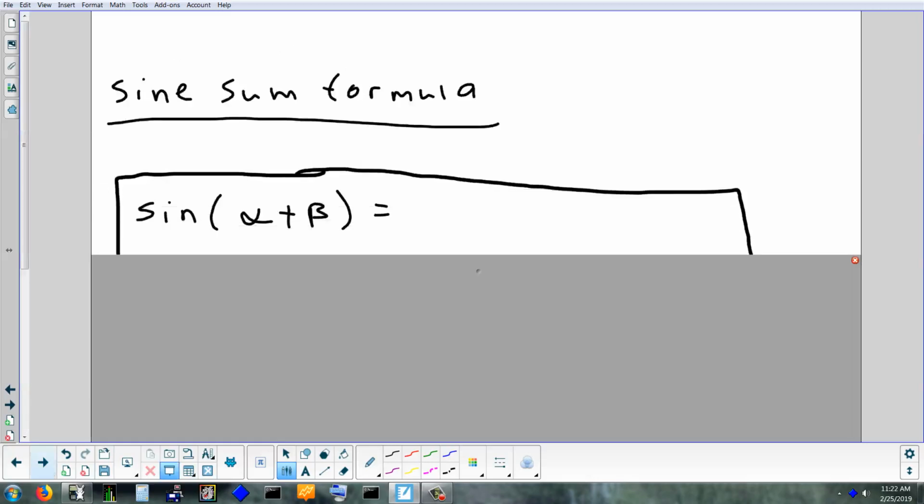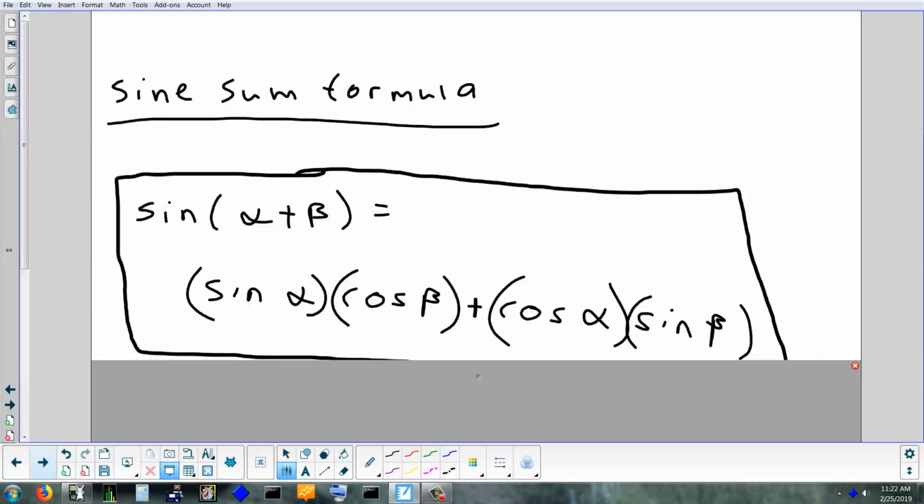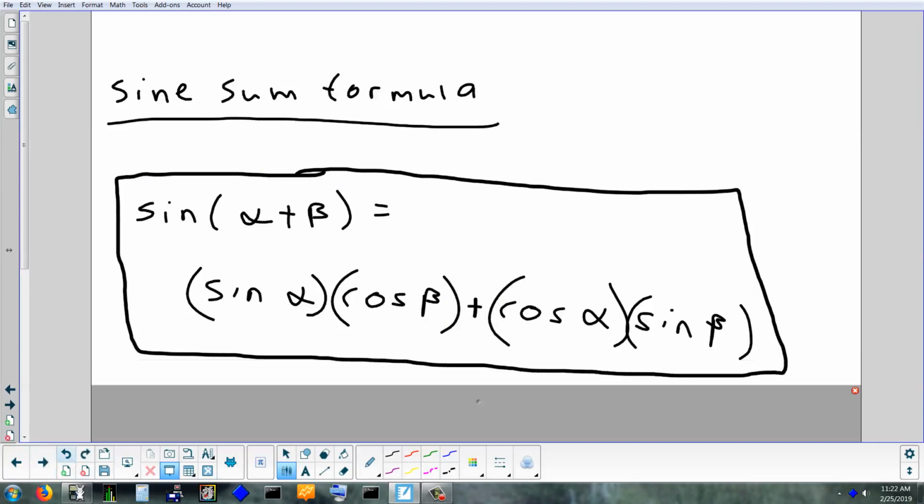Right, let's look at the sine sum formula. So I told you that when we do the sine of a sum, the symbol here matches the symbol there. With cosine, they're opposites. That's one thing that's different. Here, they're the same. Plus uses plus. The other thing that's different is the sines and cosines. Before, the two cosines were together and the two sines were together.